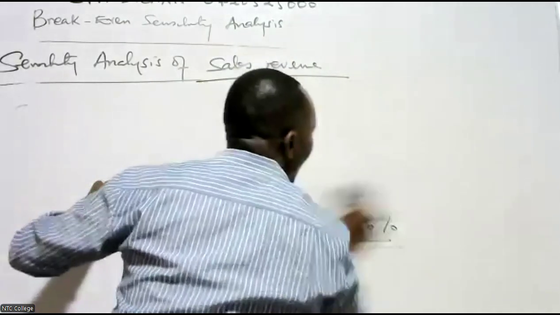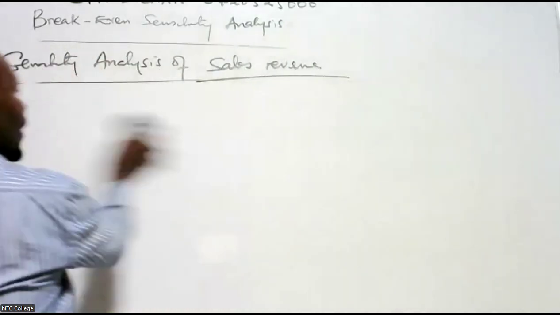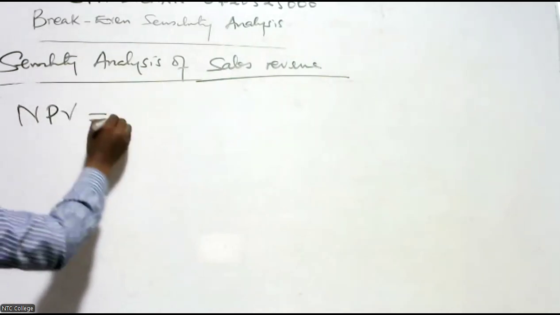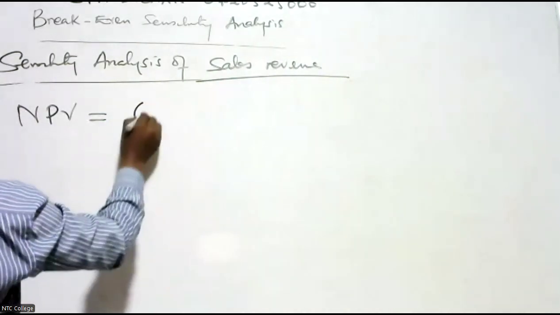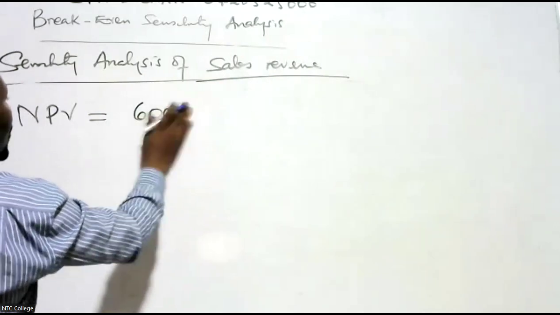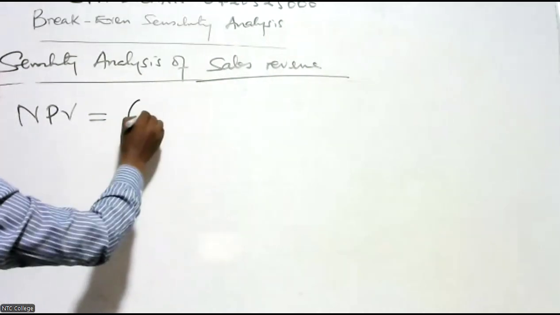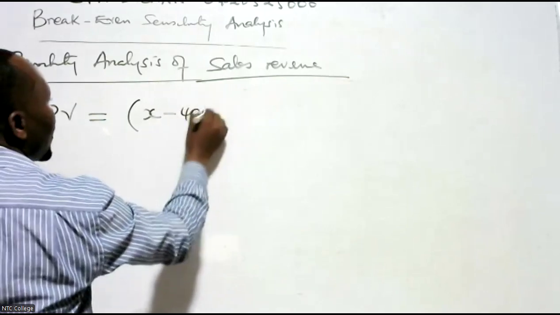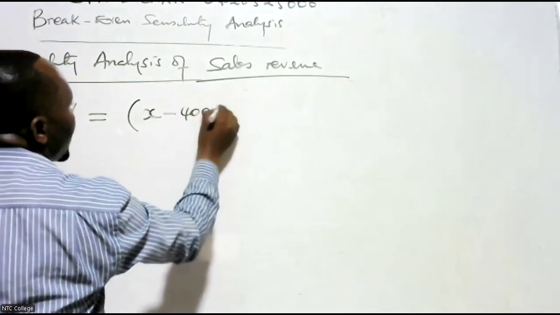The formula, I don't know if you remember it, but I said that the formula says that NPV is equal to revenue, which is now X, because it is what we don't know. We are changing revenue. Originally it was 600, but now we have to change it. Minus 400,000.